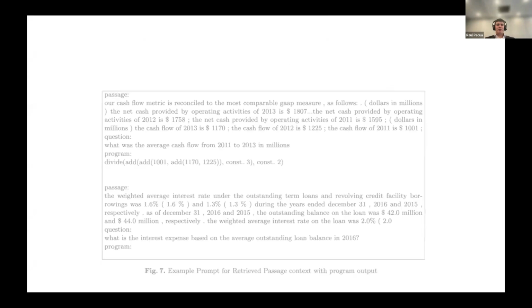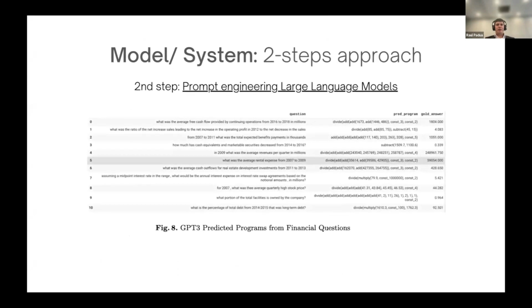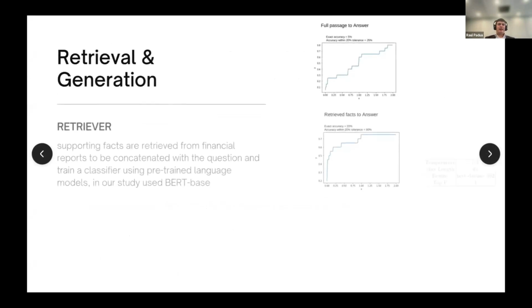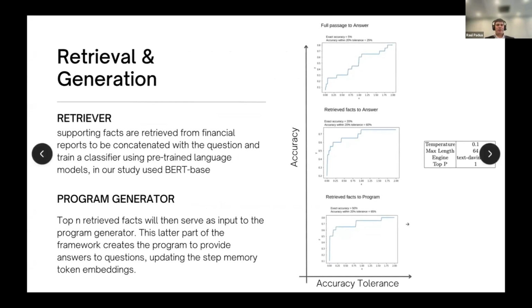We could also compare it to the gold answer, so we had the predicted program here. In this table, you find a few examples of the question, the predicted program, and what the gold answer was. Next, I'll elaborate on the results we got.